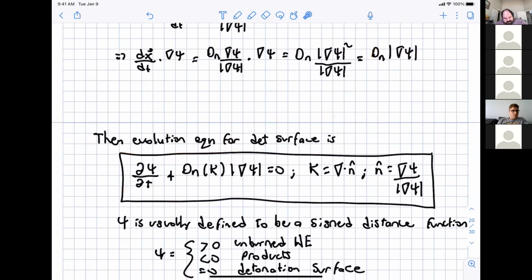And here I just explicitly wrote that the normal velocity is a function of the curvature, and the curvature can be computed by just taking the divergence of the normal vector. You can see that if you have a circle-like surface, the n hats point out.